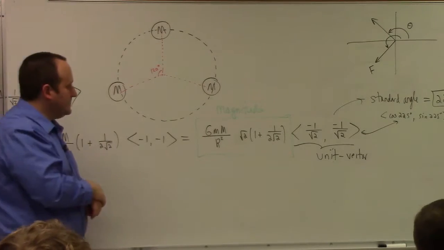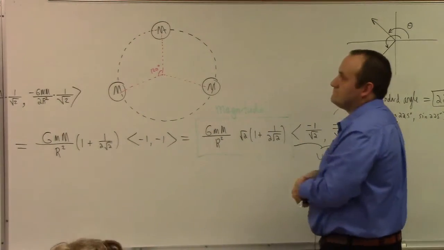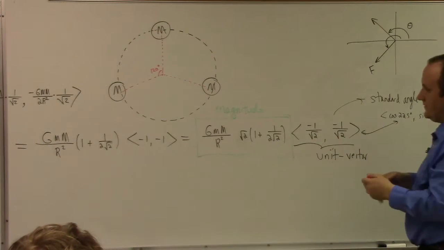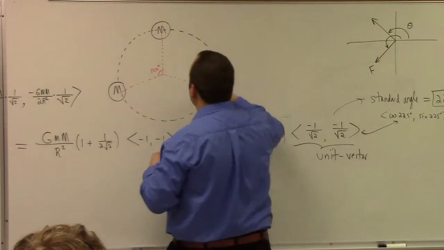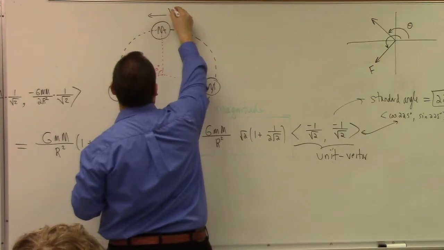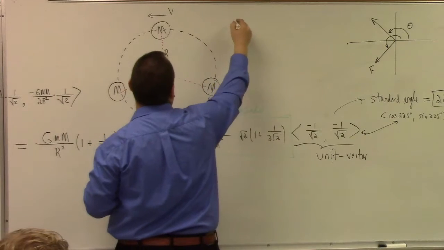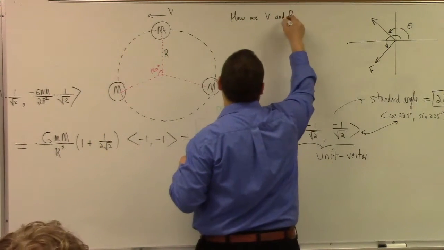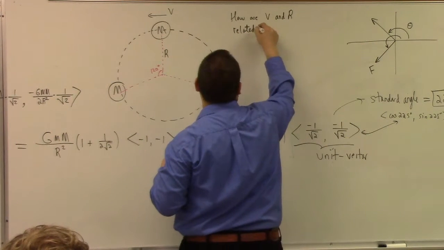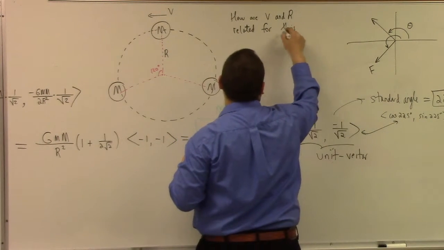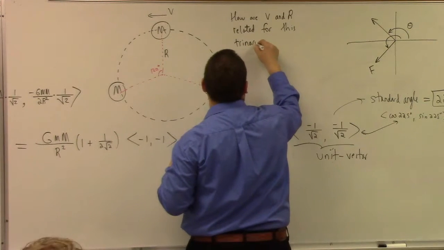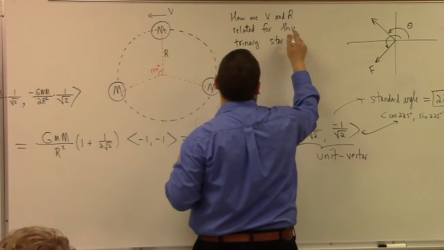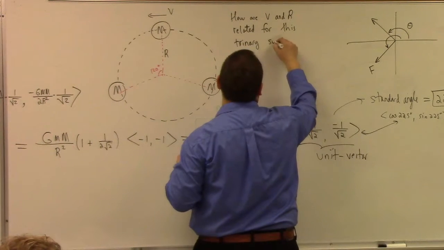All right, so the question then is to relate the velocity and the radius of their orbit. Well, I guess I said moon, trinary system of moons.